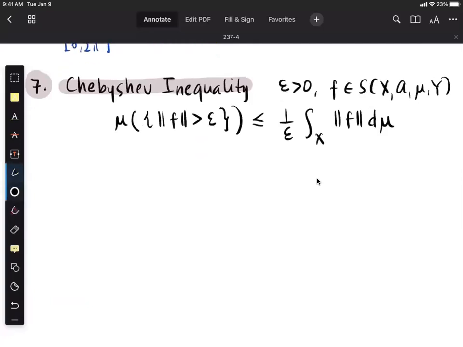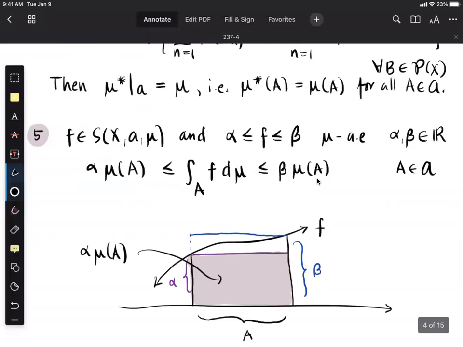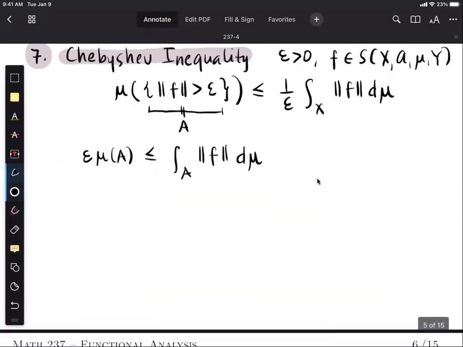Well, to see this, if we simply denote this set by A, then applying the property from a while ago, since the norm of f is greater than epsilon on this region, the integral of the norm of f over A with respect to the measure mu is greater than or equal to epsilon times the measure of A. So going back, this is precisely property 5, where alpha is taken to be epsilon and f is replaced by the norm of f.